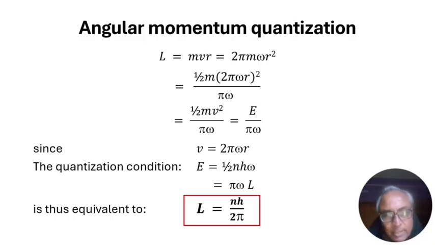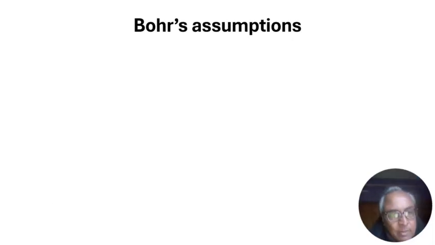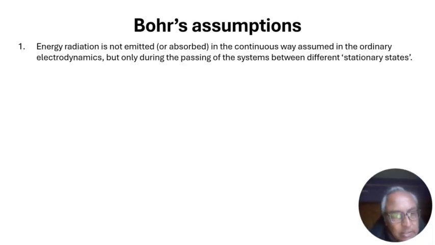Okay. So Bohr's assumptions can then be stated as: number 1, energy radiation is not emitted or absorbed in the continuous way assumed in ordinary electrodynamics, but only during the passing of the systems between different stationary states.